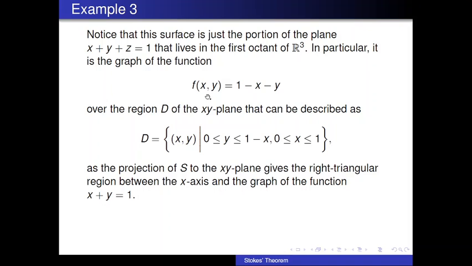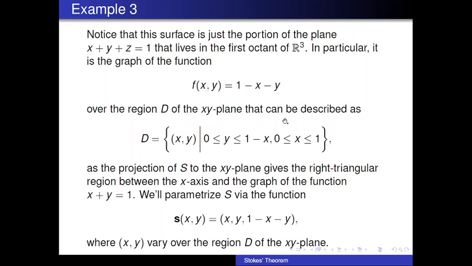If we were to take that graph and look from the z-axis downward, projecting to the xy plane, we would see a right triangular region where x goes between 0 and 1, and y goes between 0 and the line 1 minus x. I think we've seen this before. I think it might have come up on exam 2 or something.